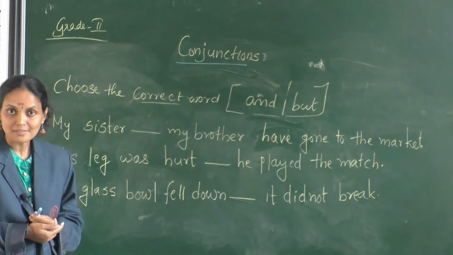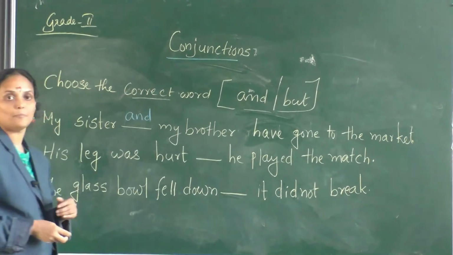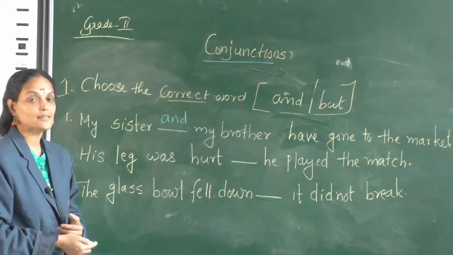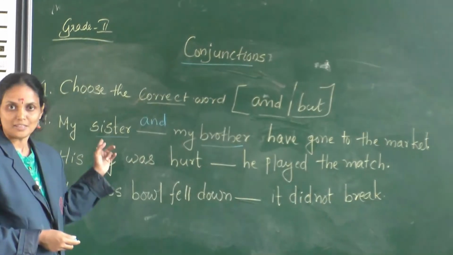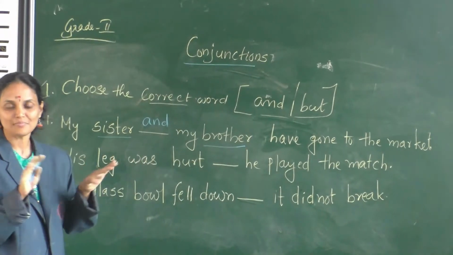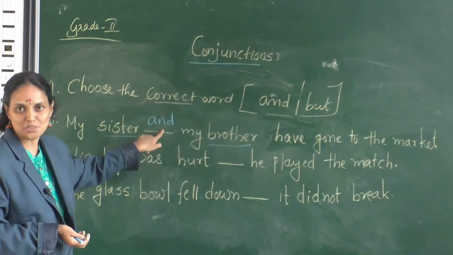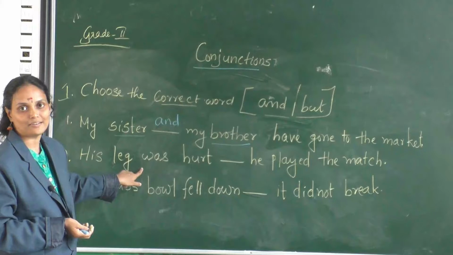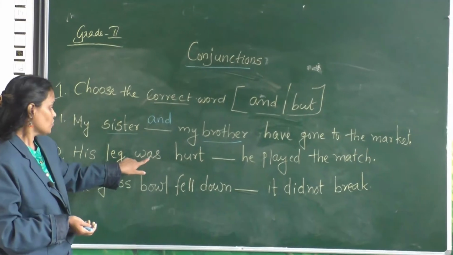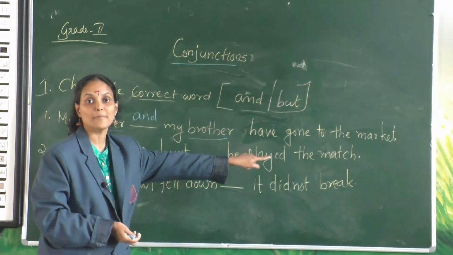My sister and my brother. Correct. It's a word pair, sister and brother. Correct. Two similar meanings, ideas are combined using the conjunction and.